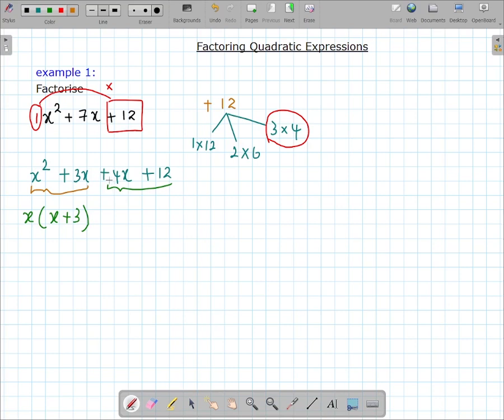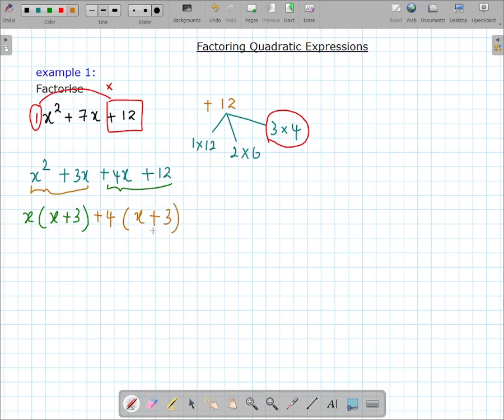What is common in plus 4x plus 12? You can see 4 is common. So I write with the sign, that is plus 4. Open bracket. Then 4x divided by 4, that is x, plus 12 divided by plus 4, that is 3.